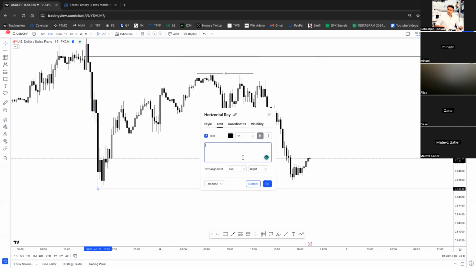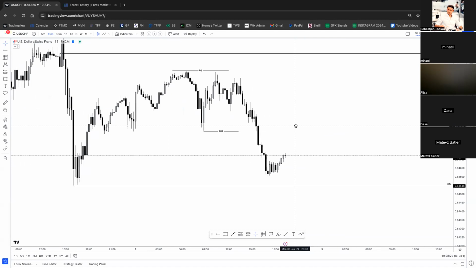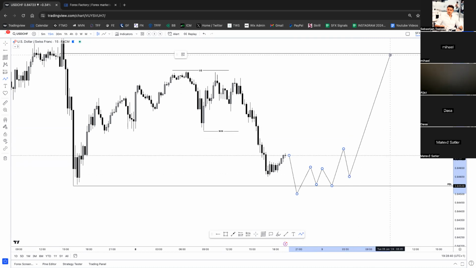So I'm gonna type in PDL, previous daily low. So the best case scenario would be price pushing down, taking out the lows, rejecting, pushing back in, create some sort of structure, right? Break of structure, retracement in the New York session possibly, even in the London is possible, and then longs all the way up.